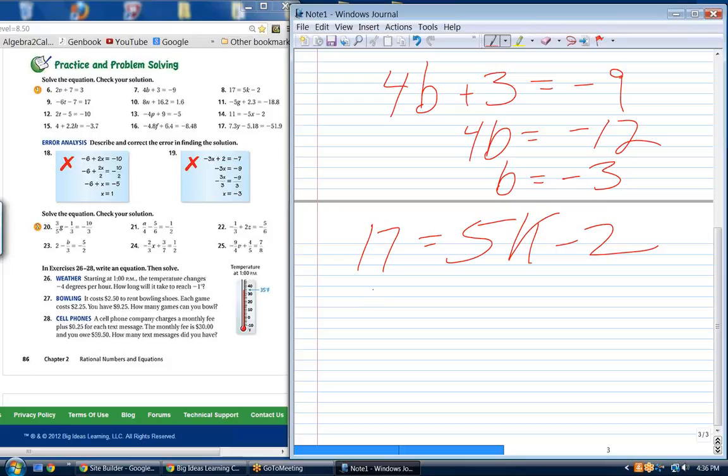Okay, so 17, the next row is 19 equals 5k. Okay. How do I get k all by itself? You divide by 5. Okay.